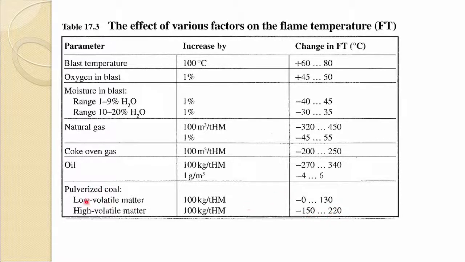So, all of these should be accompanied with oxygen in order to maintain the flame temperature. So, this is just giving you an idea how these various injectants with blast air may affect the flame temperature.